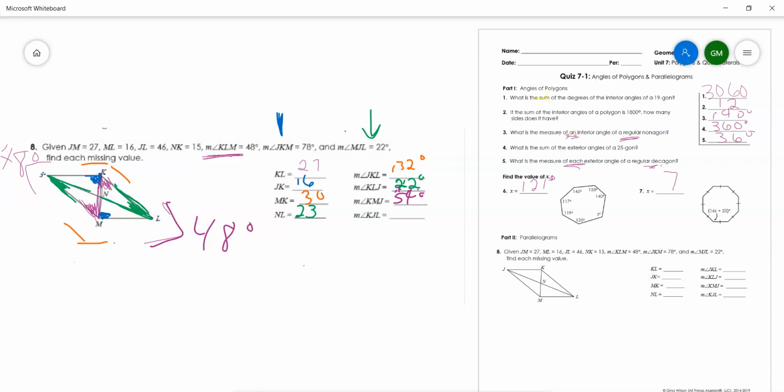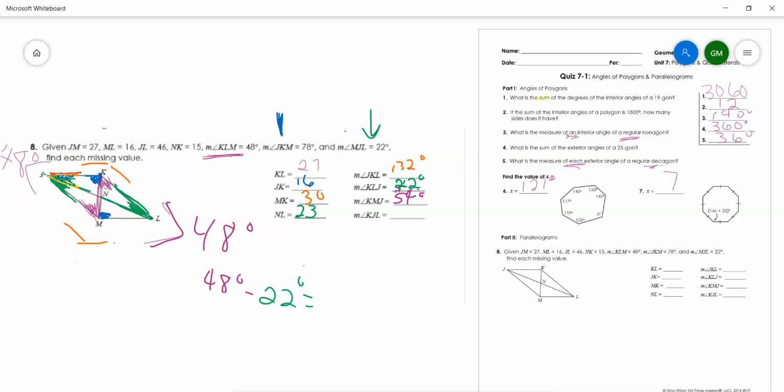All right. And finally, KJL. KJL, it's going to be the other part of this angle. So we had KJL goes down here and then up this way. So we have our 48 degree angle that was given to us up here for KLM, which is the same as JKM. And we're going to subtract the green angle, which is MJL, which was our 22 degree angle.